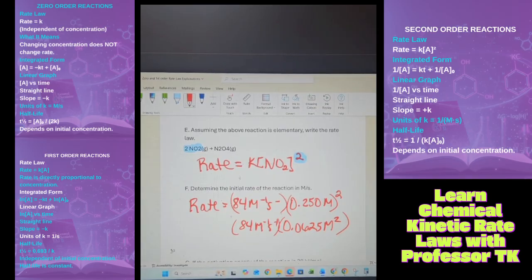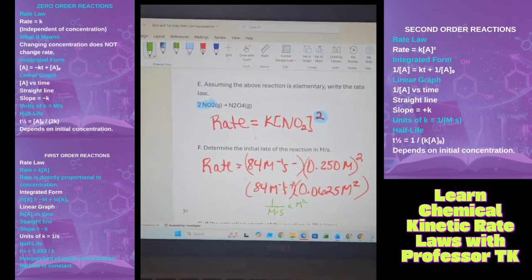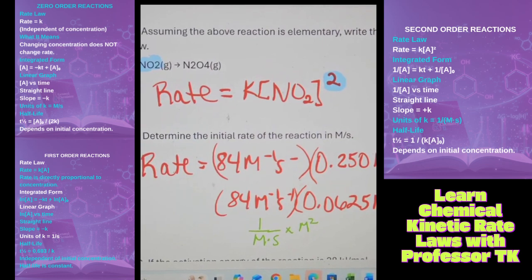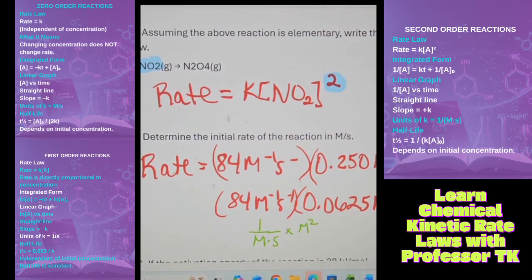So I'm going to go ahead and take the square of that number. I square 0.250 and I get 0.0625 M squared, times 84 per molarity per second. Also keep this in mind: you have 1 over M in seconds right there, and up top you have a molarity squared. Because I have an M on the bottom, I'm going to cross that out with one of the M's on top.